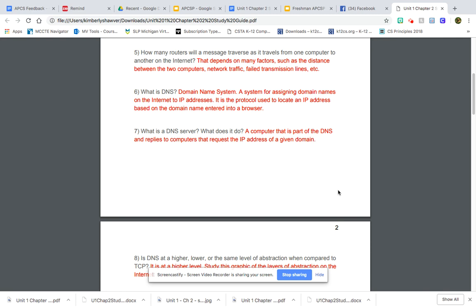Also think back to that video, that part that I think is so funny, when the user types in www.code.org and then that goes to the DNS. The DNS tries to look up the IP address for that domain name. When it doesn't find it, it asks its other DNS friends if they have that information, the IP address for that domain name.